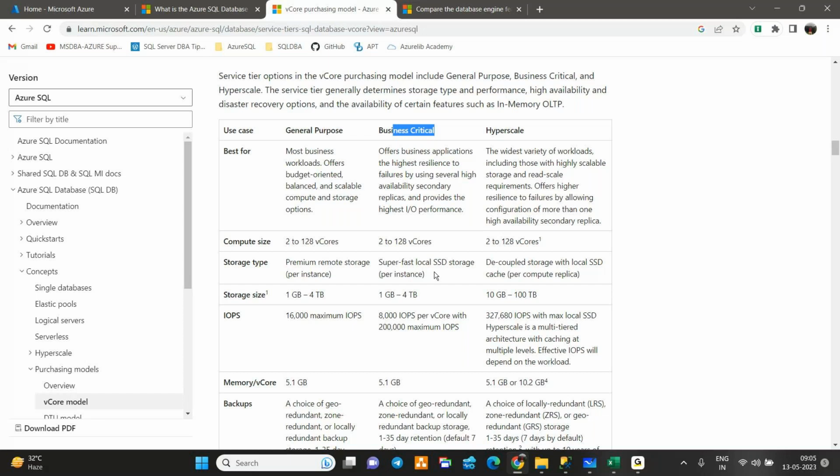Cost also matters, but if you want high performance compute services, go for Business Critical because of its super fast local SSD storage.